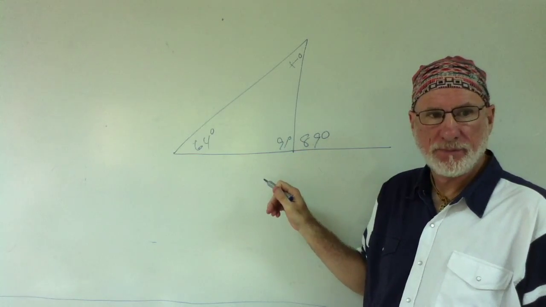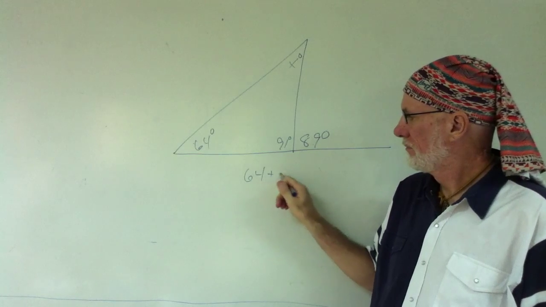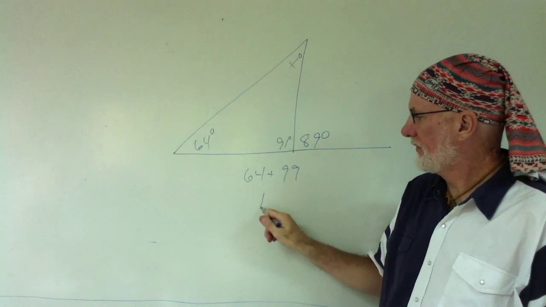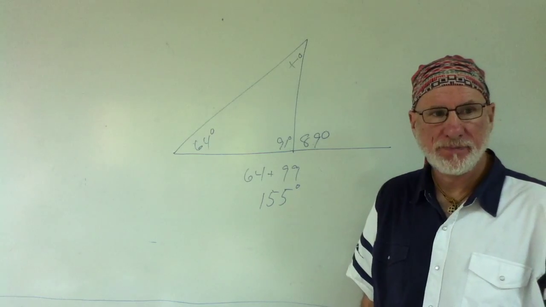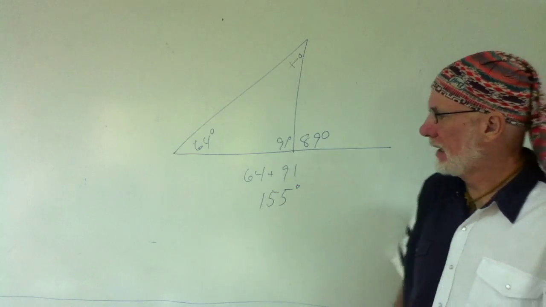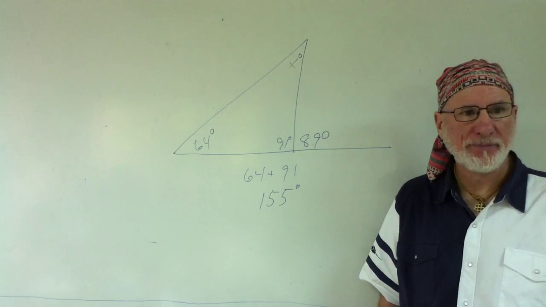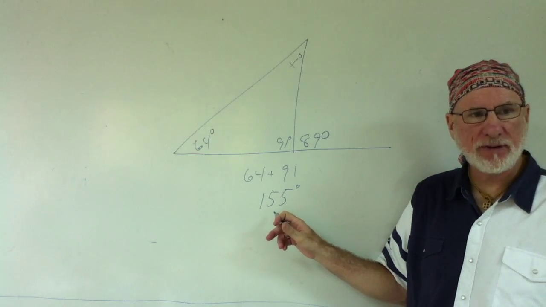Okay, 91 and 64 is 155. I'm sorry, not 99, sorry, 91. And 64 is what? 155? Is that correct? Yes.